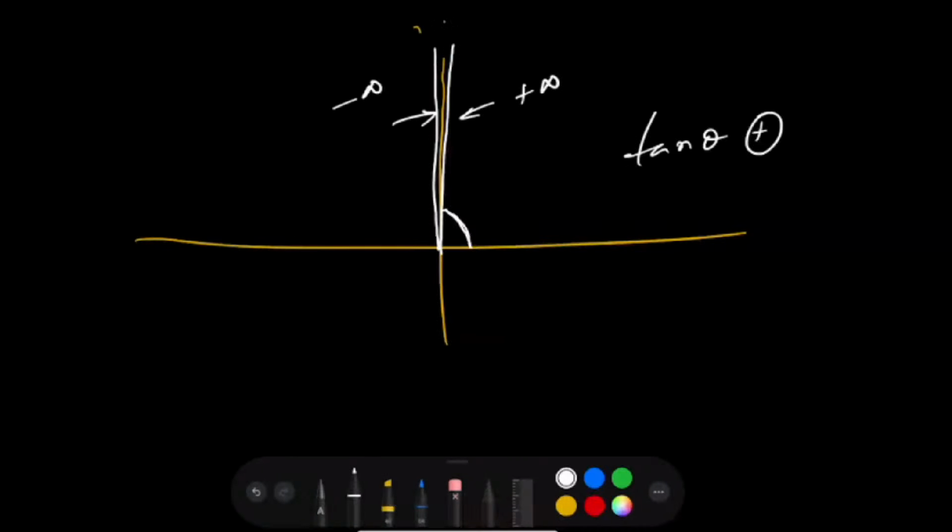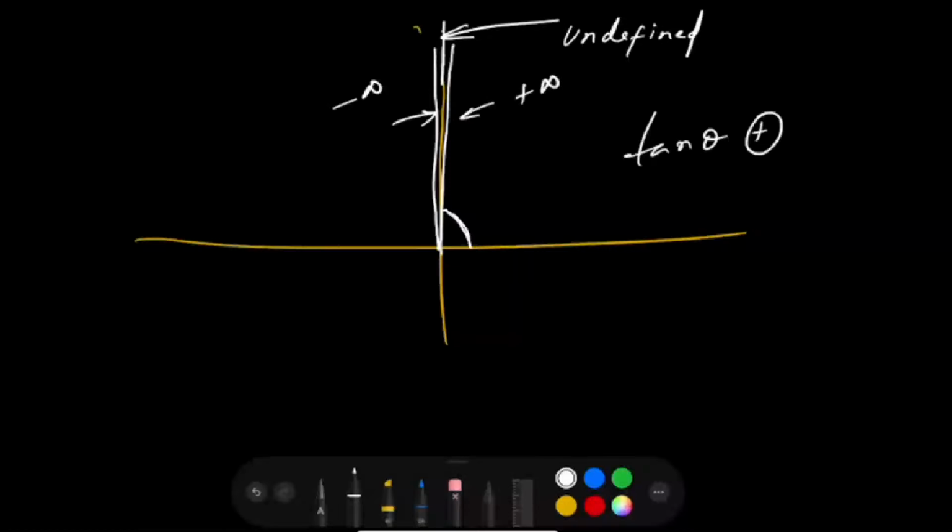So what about the line that is exactly perpendicular? Is it plus infinity or minus infinity? Actually, it is neither. It lies between plus infinity and minus infinity. That means exactly at that point we cannot define what the slope is. At that orientation, the slope of the line is undefined, because it is neither plus infinity nor minus infinity.